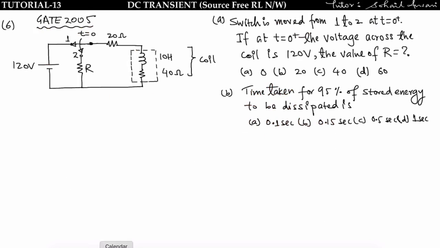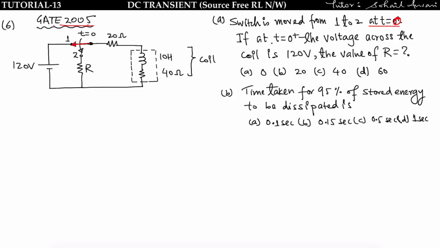Now see this circuit, this is also asked in GATE 2005. In this circuit, the switch is moved from 1 to 2 at t = 0 plus. That means for t less than 0, the switch is connected to 1 and the source is connected, meaning this circuit is at a steady state.